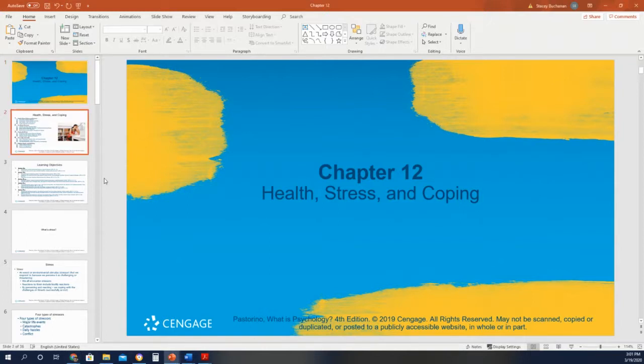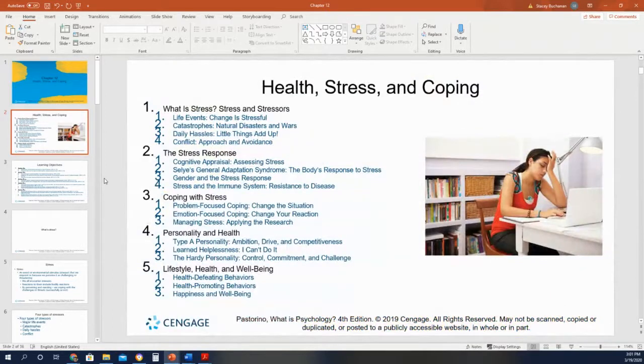So, go over the 5 sections that we're actually going to look at: what stress is, how the body responds to stress, how we cope with stress, certain personalities that affect our health and how they respond to stress, and then finishing up with lifestyle, health, and well-being.